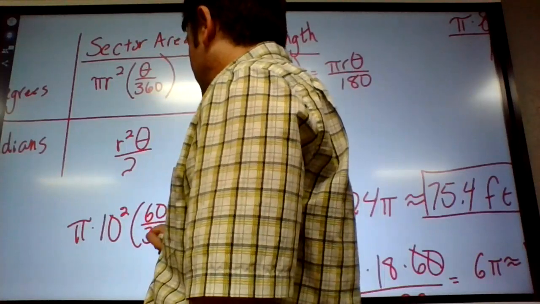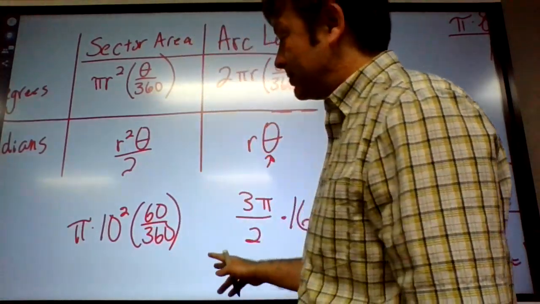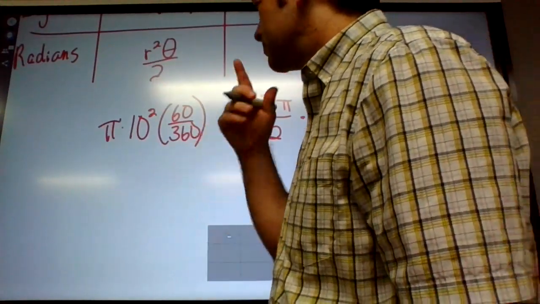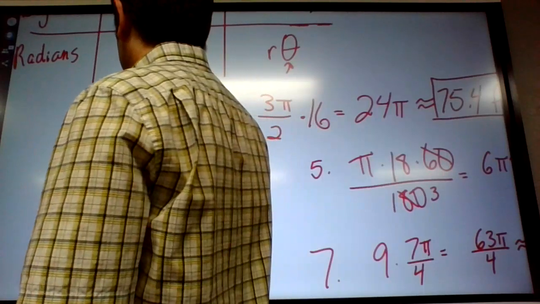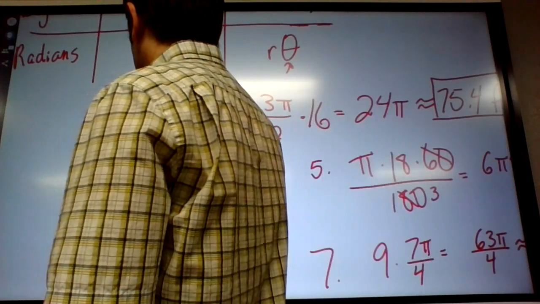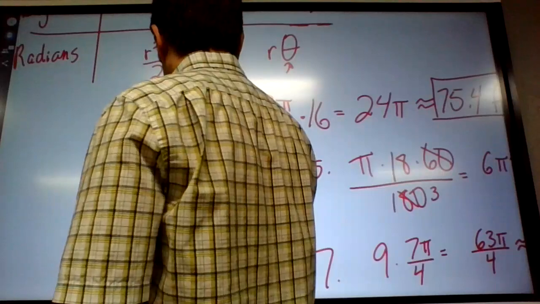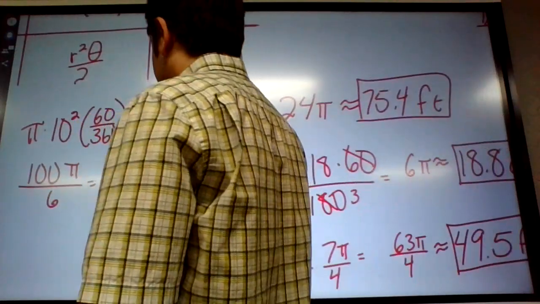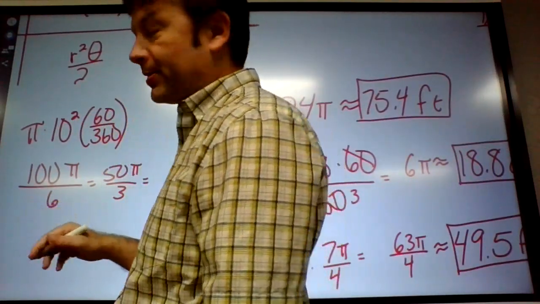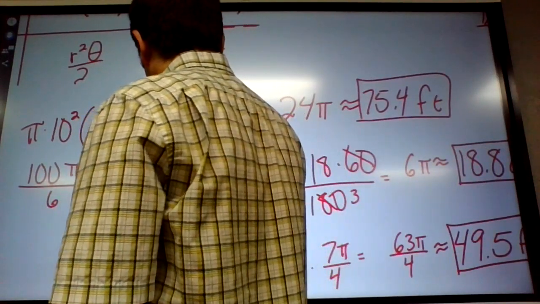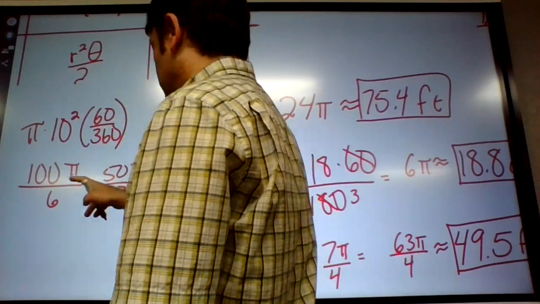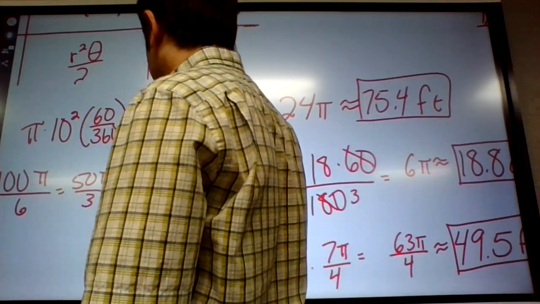You could reduce that in your head if you know that reduces to 1/6. This would be 100 pi over 6, 50 pi over 3. But we're doing decimals, so it comes out as 52.4.